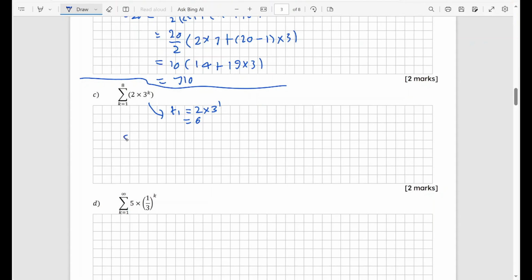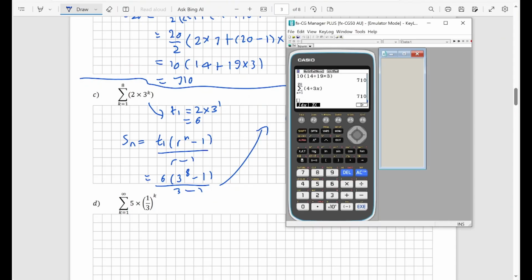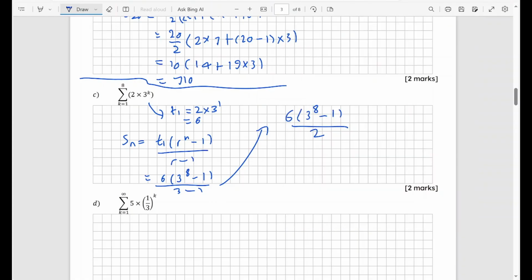So for a geometric series, Sn equals T1 (r to the n take 1) over (r take 1), which is going to be 6 lots of 3 to the 8 take 1 over 3 take 1, which is going to be 6 lots of 3 to the 8 take 1 over 2, and we'll see what that gives us. 6 lots of (3 to the power of 8 take 1), close bracket, all over 2, 19680.